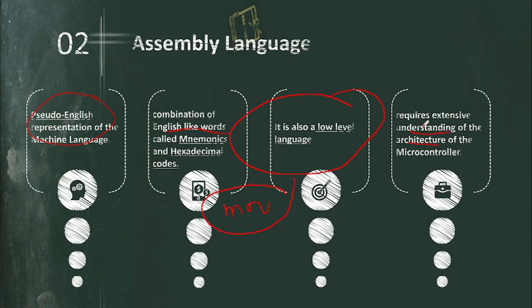You need to know the size of memory we have, what processor we have, how many input ports and how many output ports we have. You should know all these things, and only then can you write a program here. So you need to understand the machine completely. That is why it is not called a high level language; because you need to study the machine, it is termed a low level language.